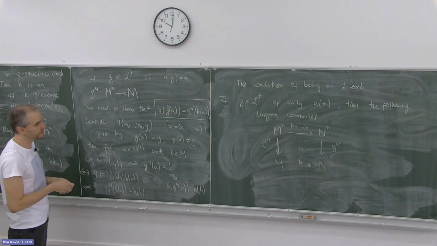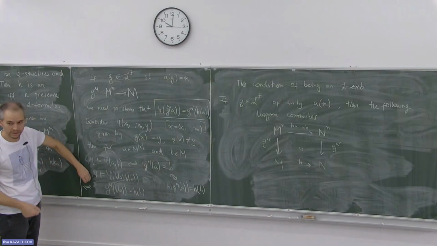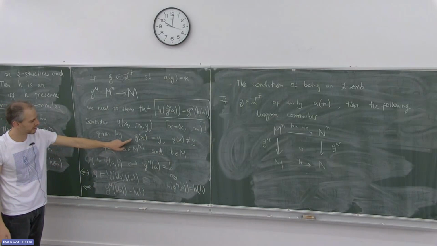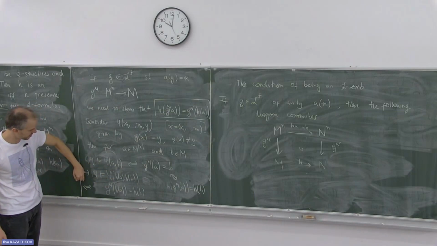Okay? Sorry, but why are you considering the second formula, G not equal to Y? Because I would say that we take A, we check that formula up there, then we define B as the image of A by G, and then we apply the procedure to the first formula, and we get the result.